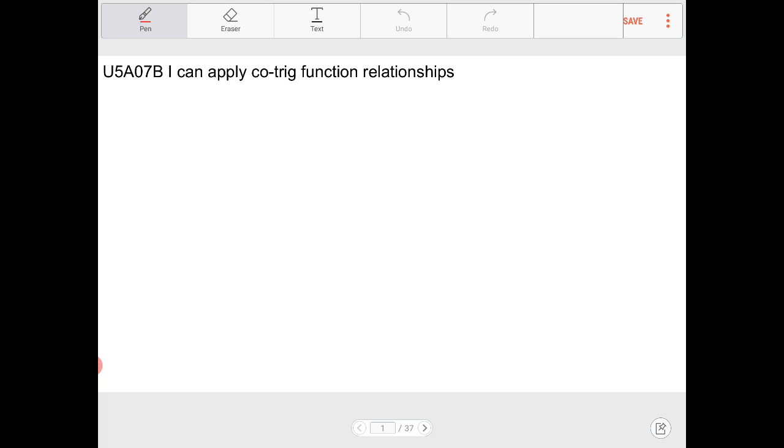So this lesson is going to be an introduction to something called trigonometric identities. When you hear the word identity, it's something that really defines something. When you look at your ID card, that really states who you are, like what your physical traits are, and perhaps what your birthday is.